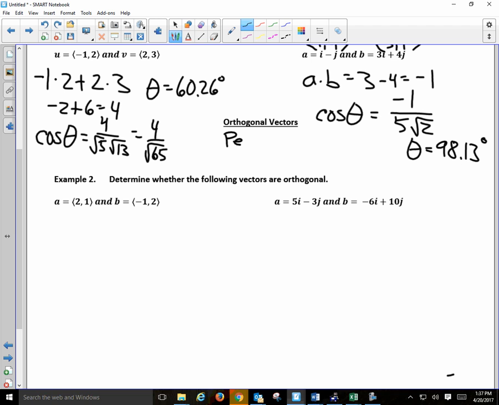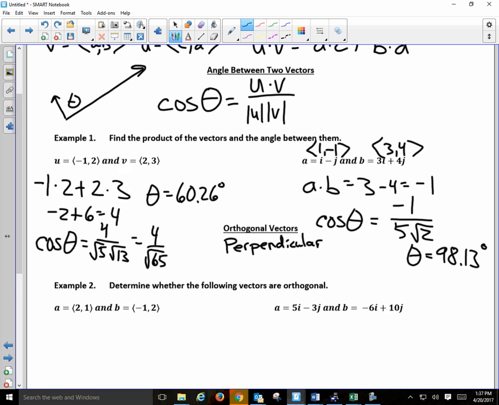Orthogonal vectors are perpendicular. If two vectors are perpendicular, what is the angle formed between them? 90 degrees. Well, that means that cosine, let's see, where's cosine of 90? 0.